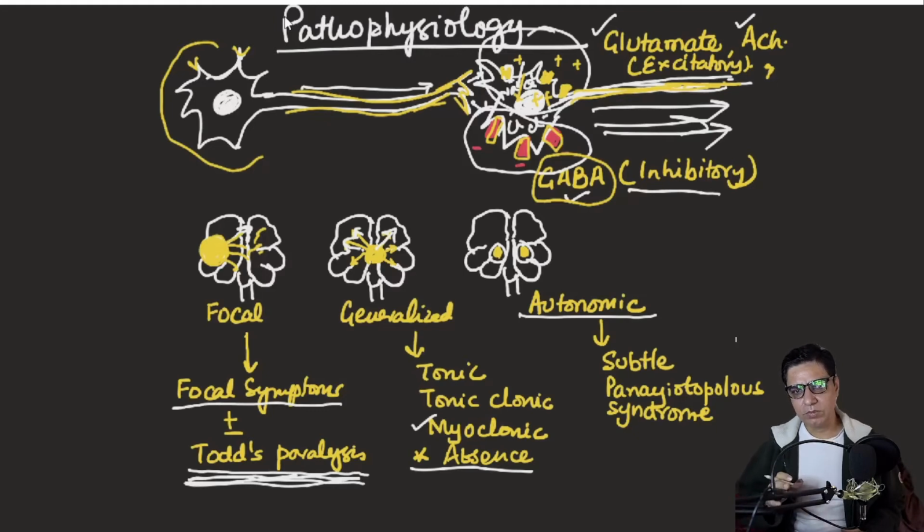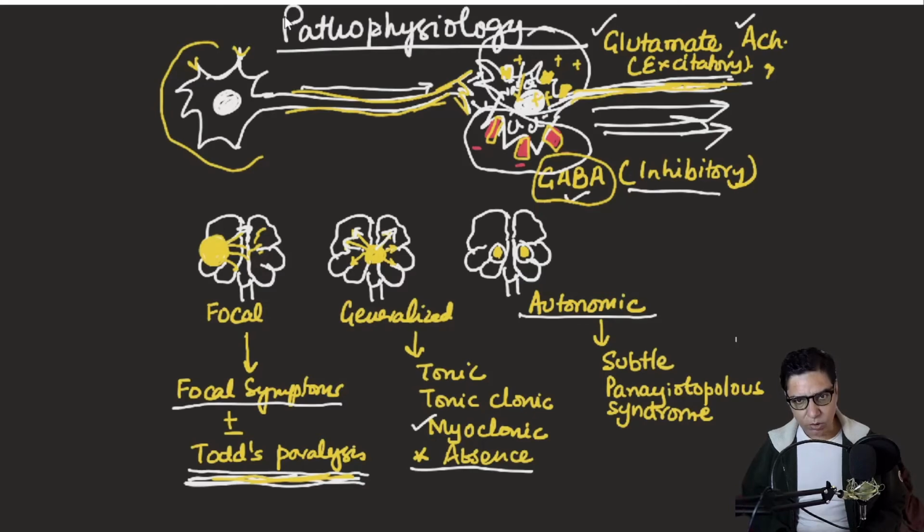So that part of the body which was jerking earlier now cannot make any movements. It would be sort of paralyzed. We call it Todd's paralysis. So Todd's paralysis is a sort of pseudo paralysis caused by depletion of the neurotransmitters in those neurons which were earlier firing abnormally. And this usually happens in focal seizures. So in focal seizures, there is jerky movement followed by paralysis in that part, which is known as Todd's paralysis.